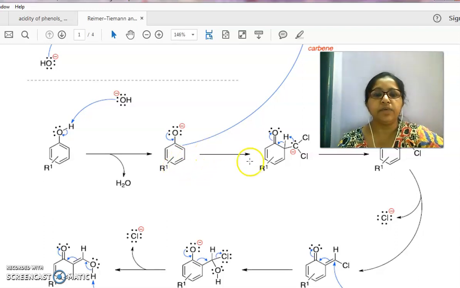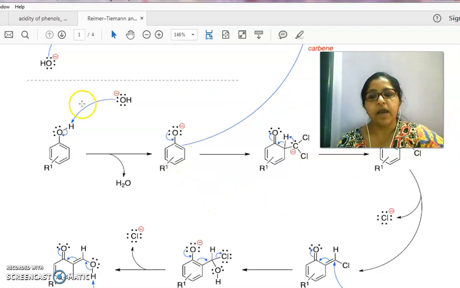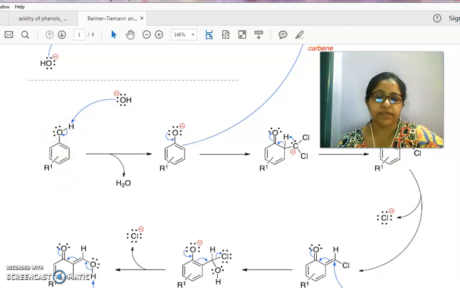If the question asks you to show both products, you can show accordingly: once you show the ortho attack, another time you show the para attack. You already know hydroxy is an ortho para directing group, so there will be no meta product.